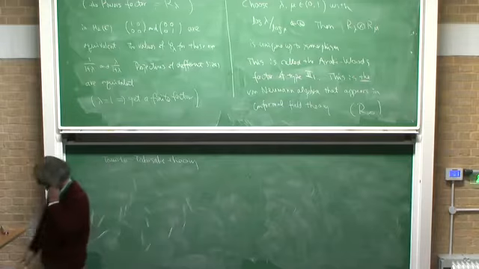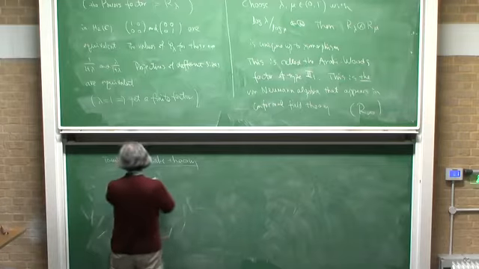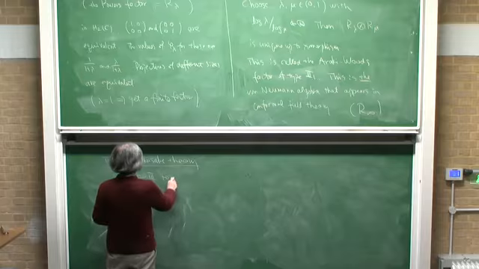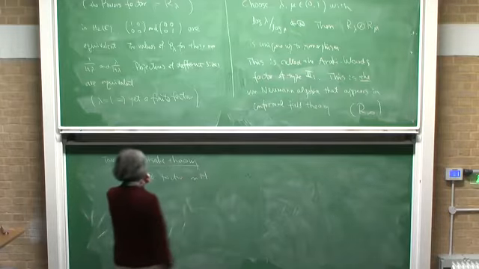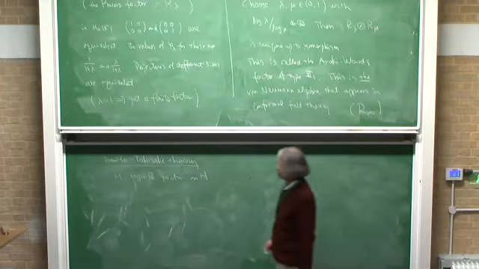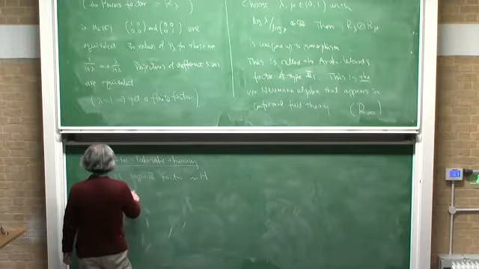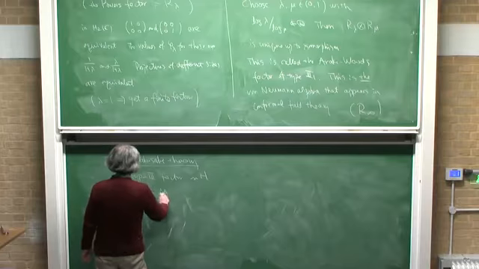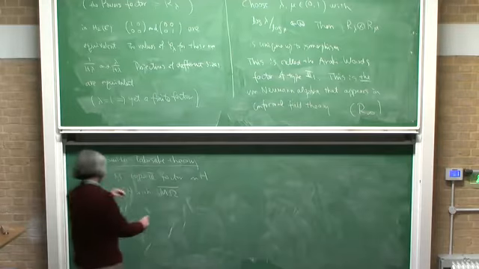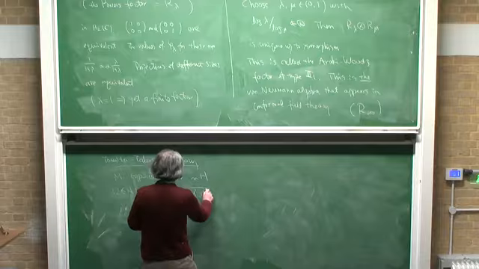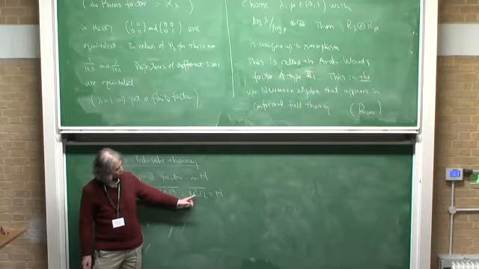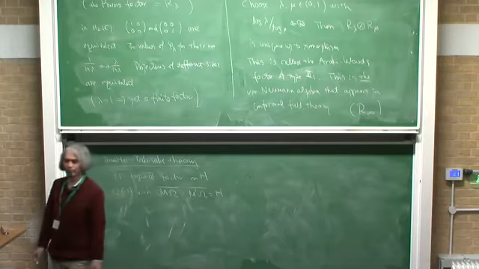In a very short form. Let M be a type 3 factor acting on a separable Hilbert space H. Then in this setting we can always find a so-called cyclic separating vector omega, that is, if we apply the algebra M to omega, this is a dense subspace of H. And also, if we apply M prime, the commutant, to this single vector omega and take the closure, we get the entire Hilbert space.